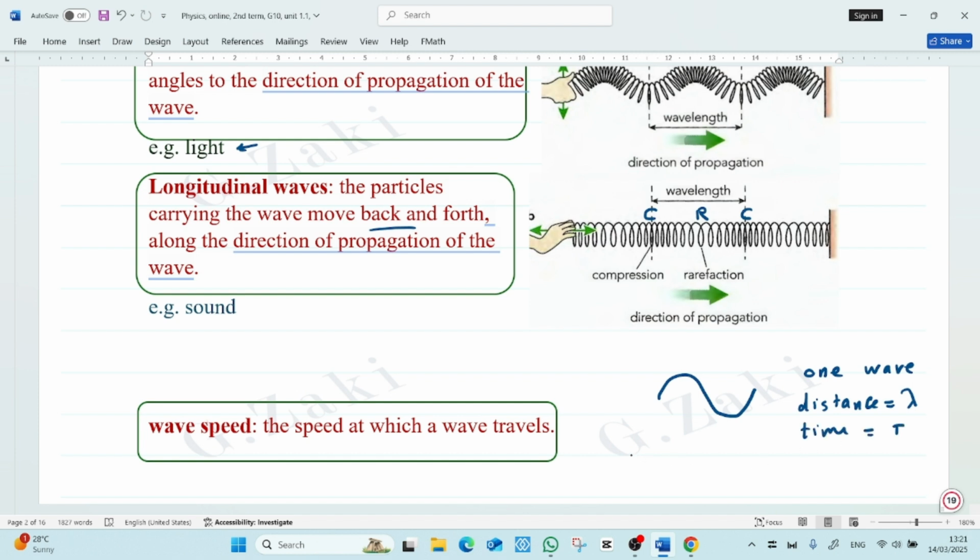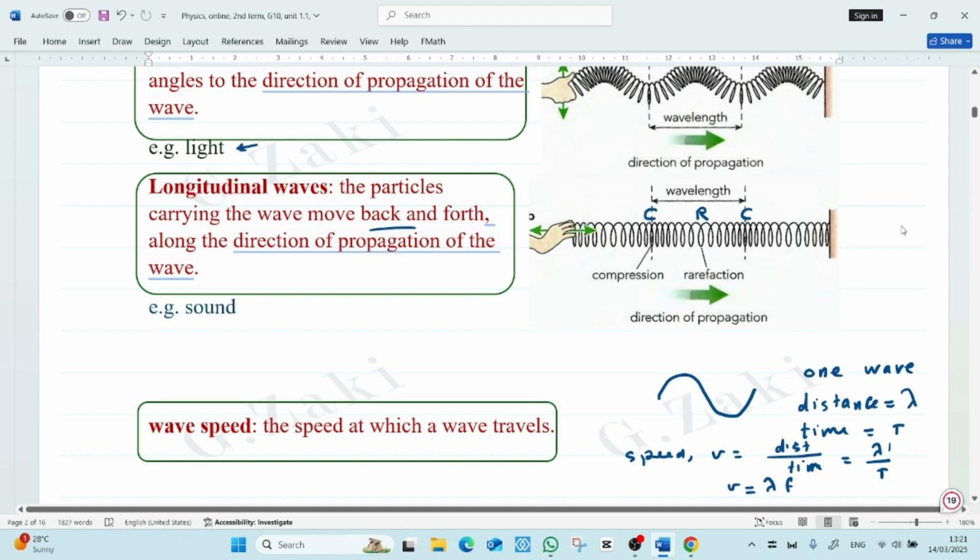We know that the speed, denoted by v, equals distance over time. Now the distance is lambda, over T. But we know that 1 over T is the frequency. Then the speed equals lambda multiplied by the frequency.